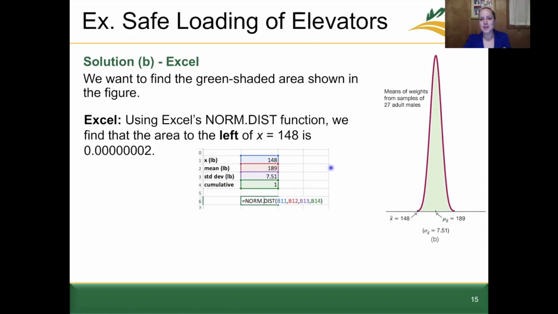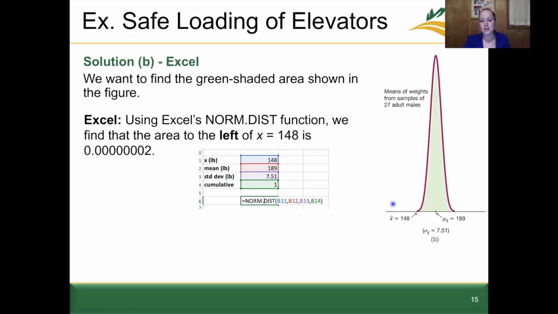The main things we need to make sure we did are using the proper x value, the proper mean, but that is equivalent to the population mean. But really importantly, the standard deviation value here has to be for the sample mean, not the population. So to get that, we took the population standard deviation divided by the square root of n. Then again, we use a cumulative value of 1.